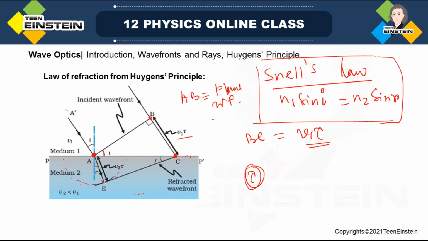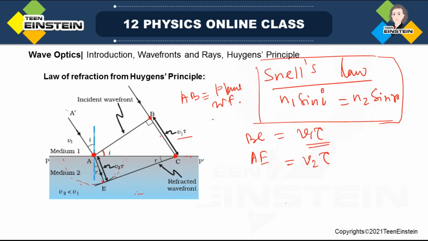Why? Because this much distance it can travel in time tau. So we can write AE is equal to v2 into tau.